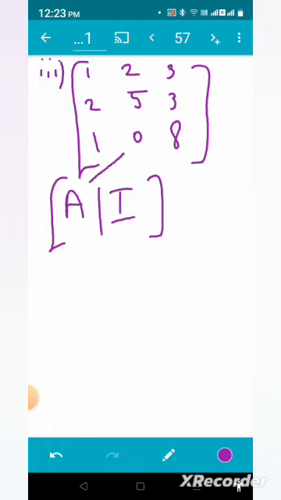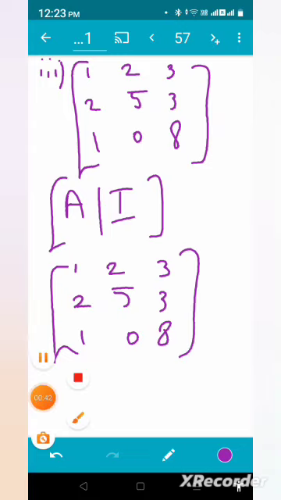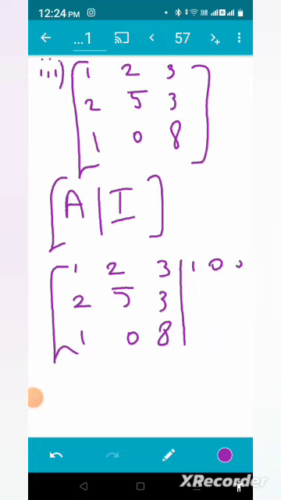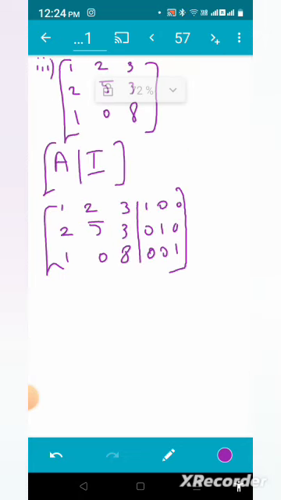So A is this matrix, so I put here 1 2 3, 2 5 3, 1 0 8. Put the identity 1 0 0, 0 1 0, 0 0 1. So this is for finding A inverse.